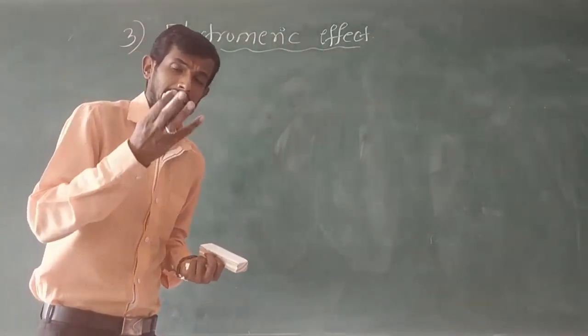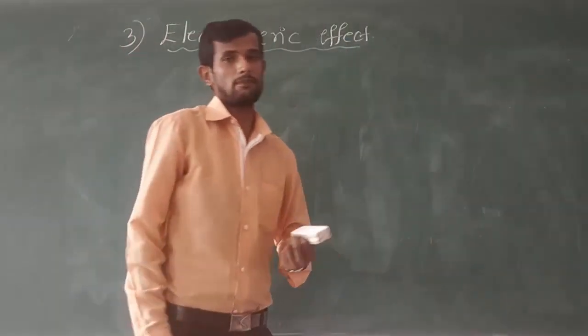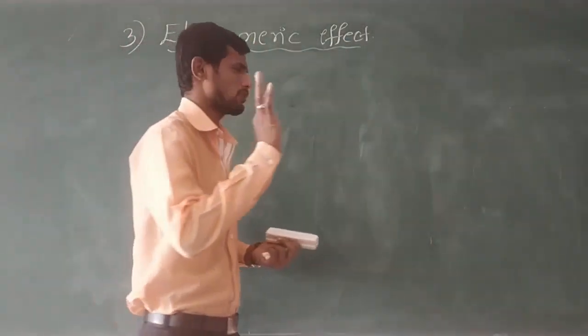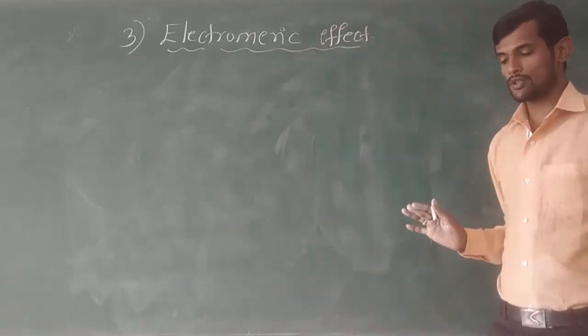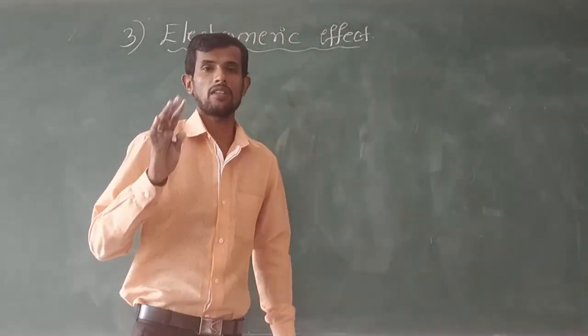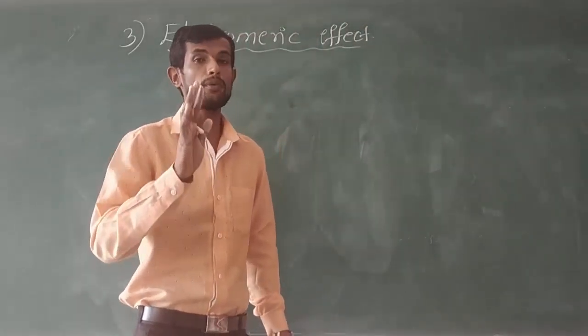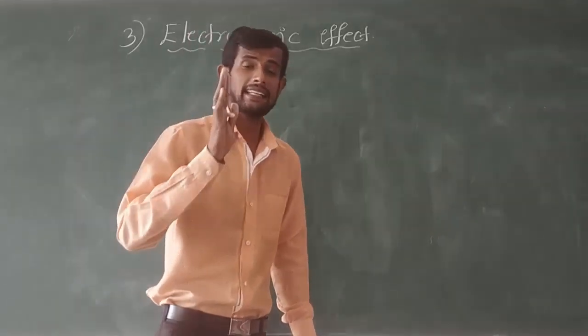In the presence of an attacking reagent, the pi electrons are displaced. Remember, this is a very important definition. It is the temporary effect produced in a molecule due to the transfer of pi electrons of a double bond to one of the bonded atoms in the presence of an attacking reagent.